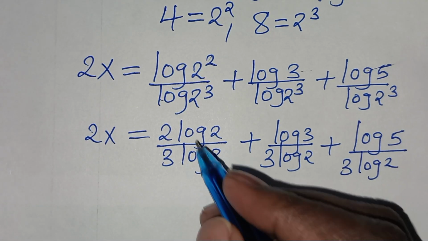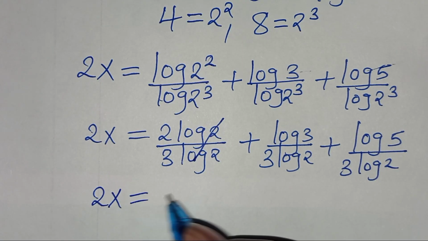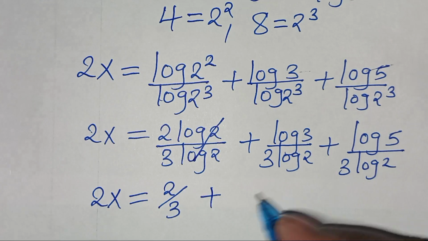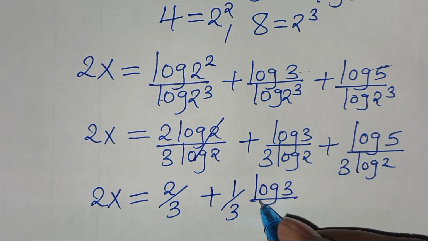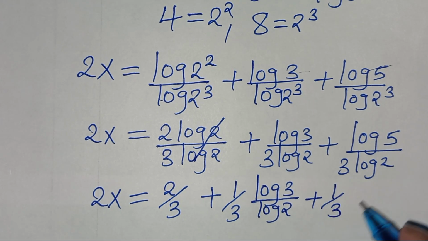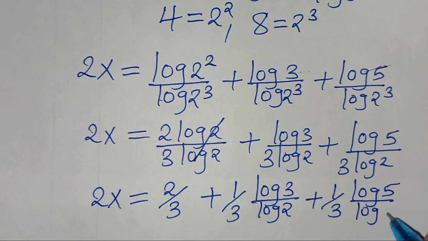Let's simplify here. Log 2 and log 2 simplify so that we have 2x is equal to 2 over 3 plus, now here this is a third, log 3 divided by log 2, then plus 1 over 3 log 5 over log 2.